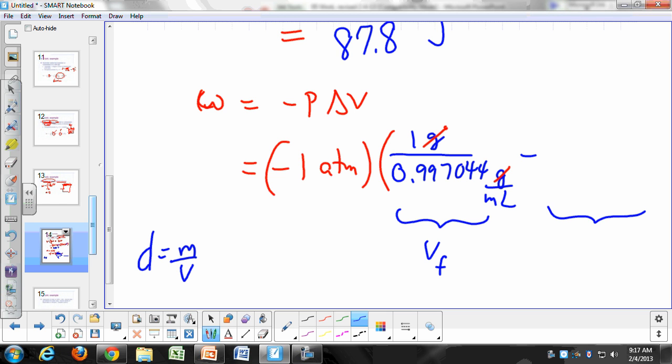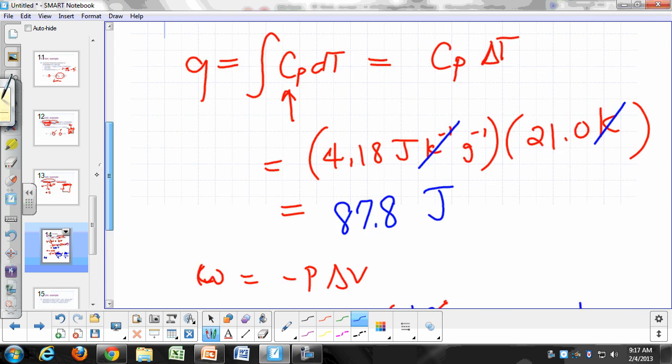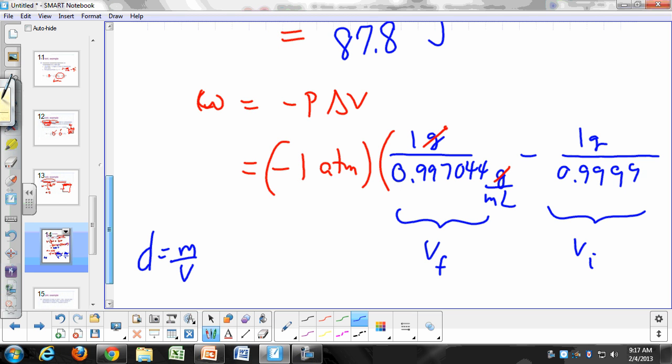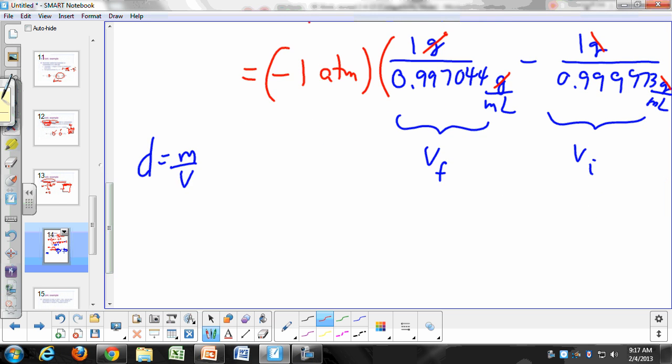Our initial volume is 1 gram divided by 0.999973 grams per mil. So grams again cancels out, so that gives you the answer in mils. What's the answer here?